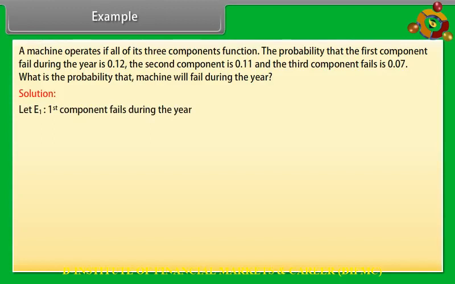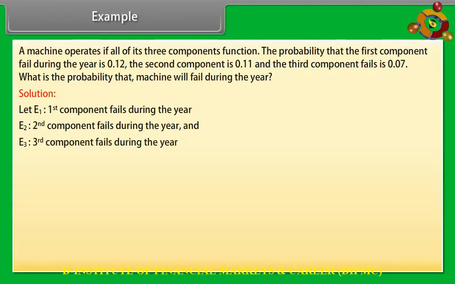Let E1: first component fails during the year, E2: second component fails during the year, and E3: third component fails during the year. P(E1) is equal to 0.12, P(E2) is equal to 0.11, and P(E3) is equal to 0.07.